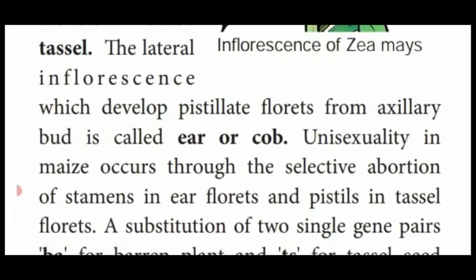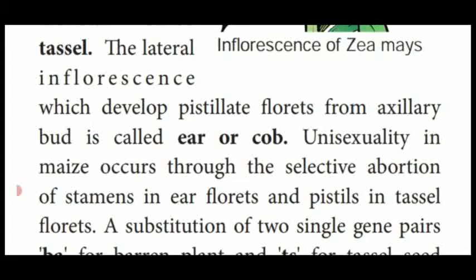So, what is unisexuality? Both the sex organs are present in the same plant, not in the same flower, but the same plant. The male flowers and female flowers are separately located. That condition is called the unisexual condition, and also monoecious.